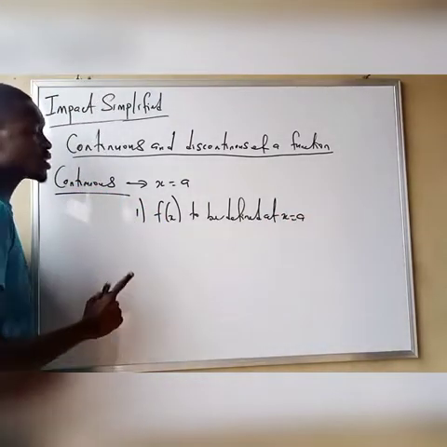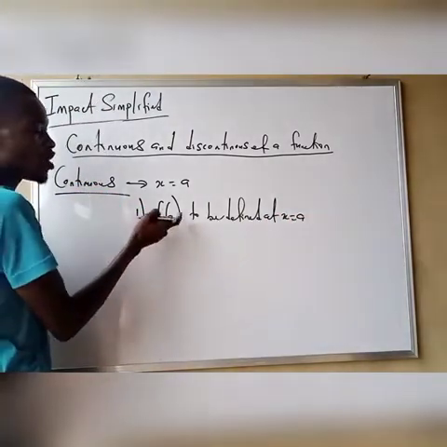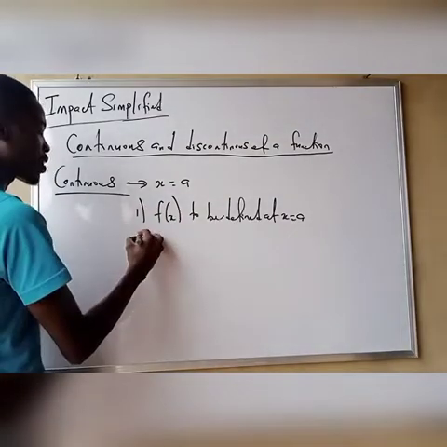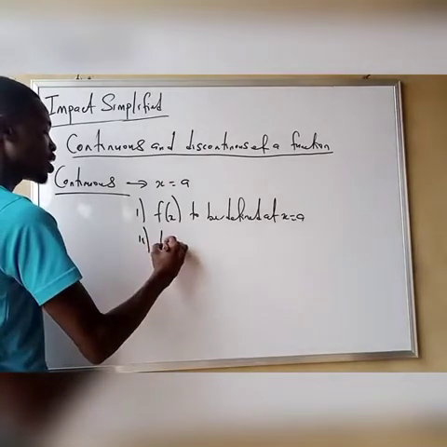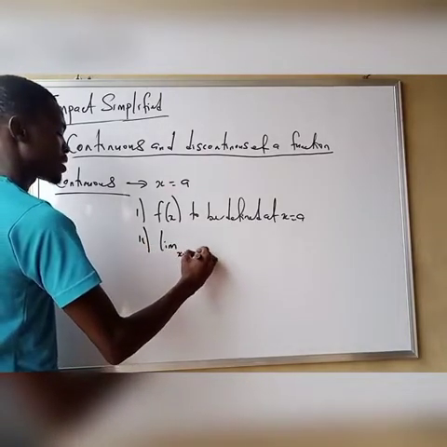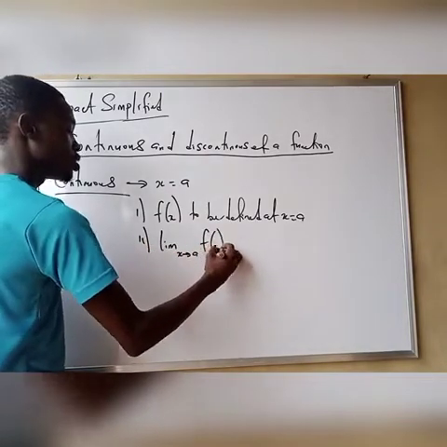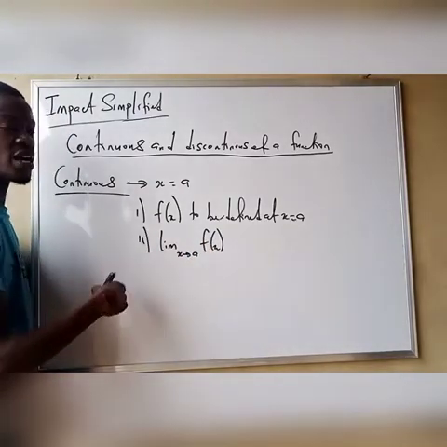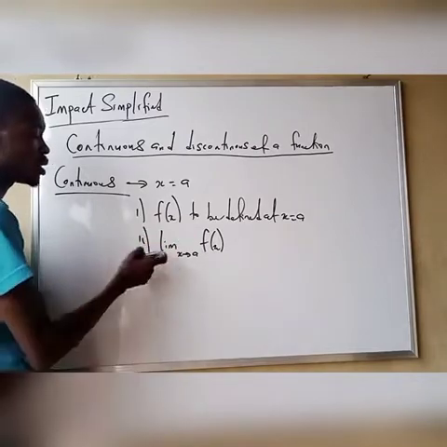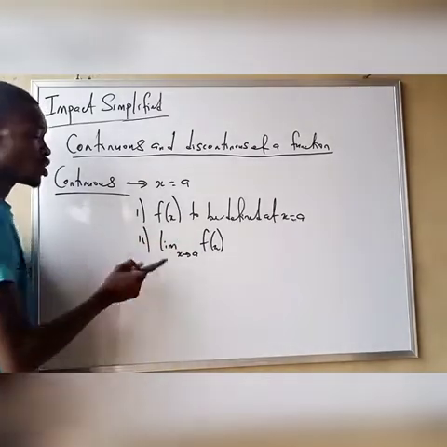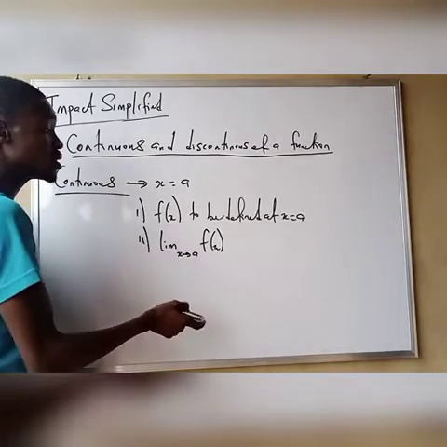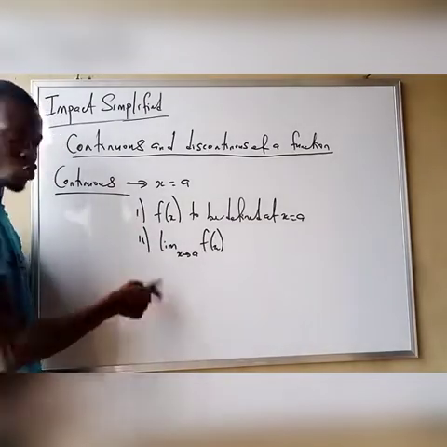That means your f of x must be defined at x is equal to a. The second is that you limit your f of x as x tends to a.